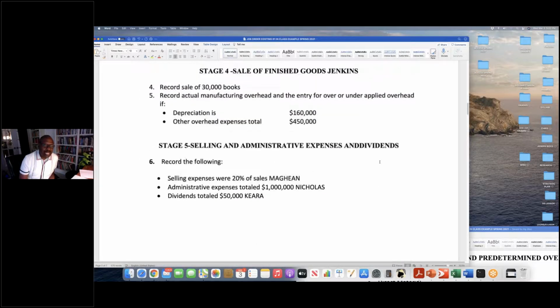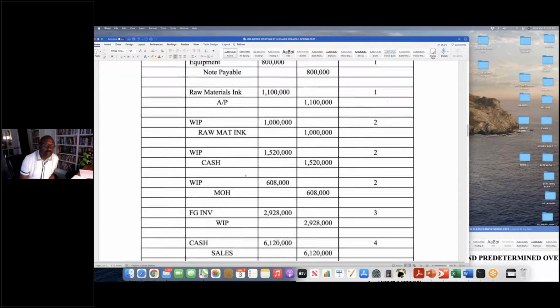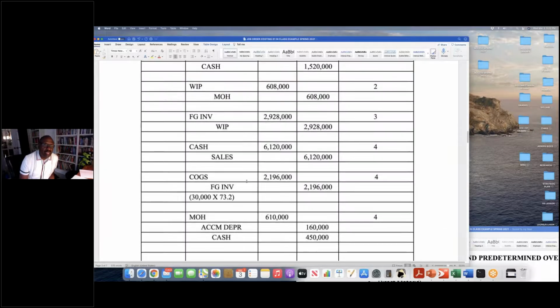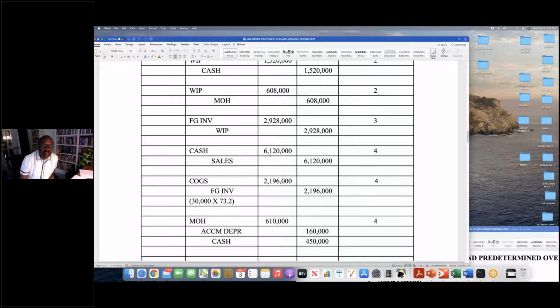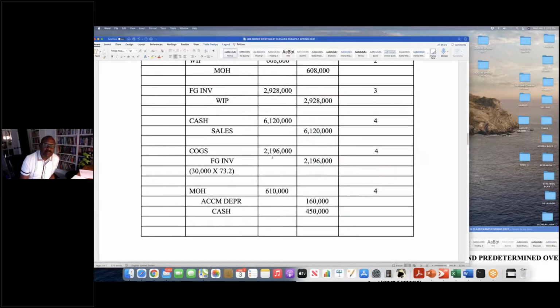It says that selling expenses were 20% of sales. So we're going to go to sales, 6,120,000, and take 20% of that number. How much would that be?